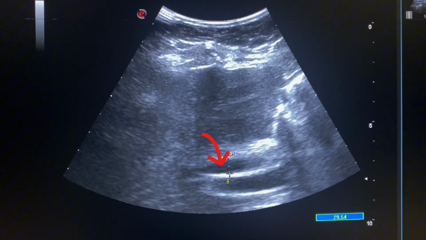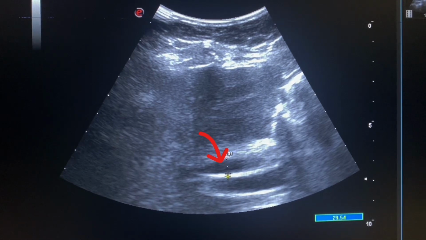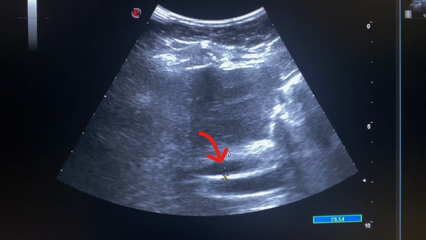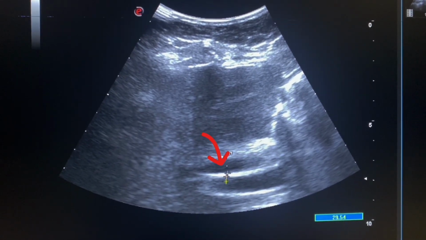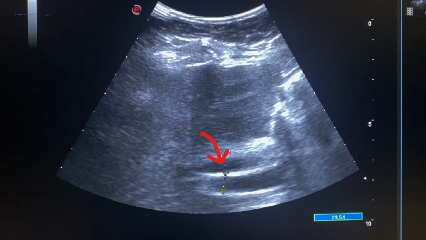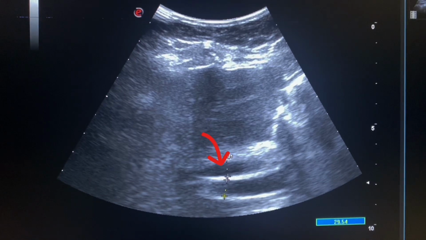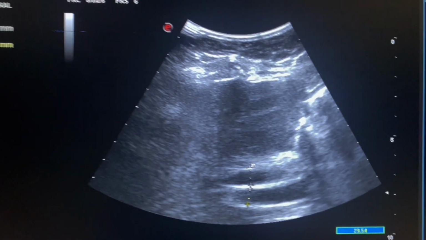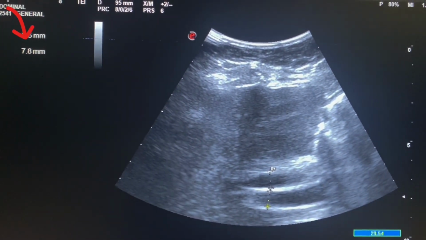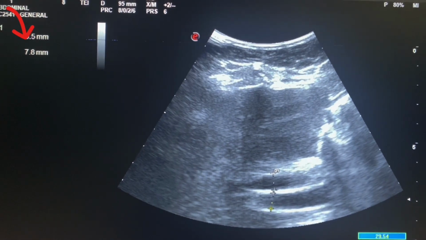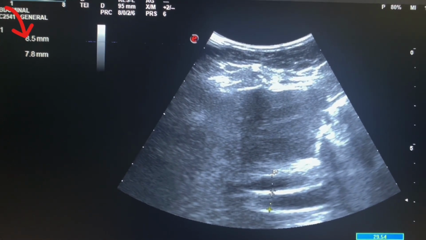Here also we will measure the size of the portal vein. The size of the portal vein is 7.8 millimeter, which is normal.